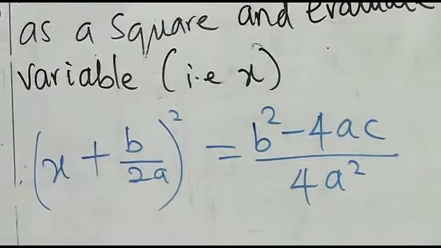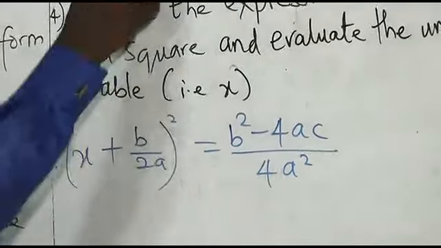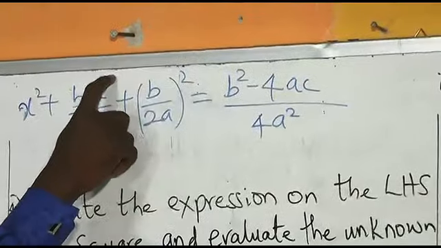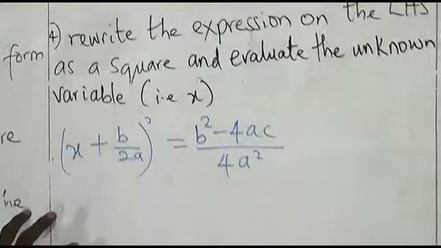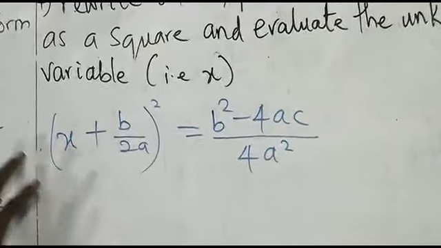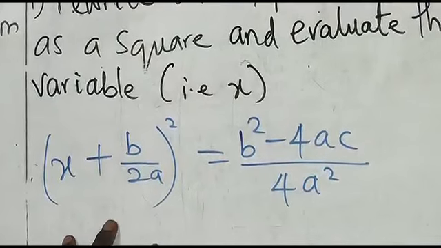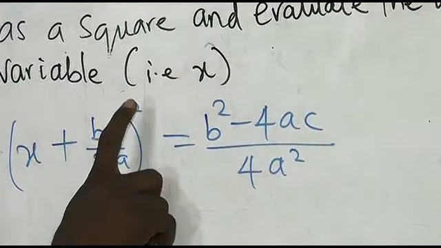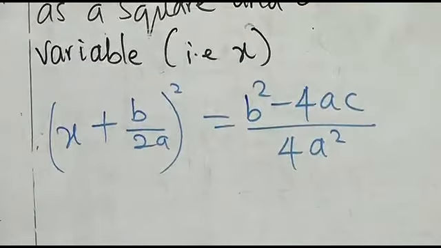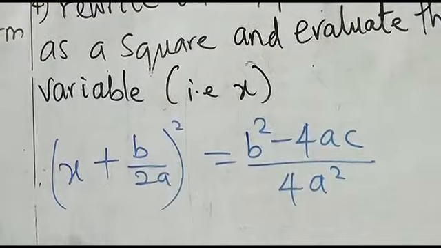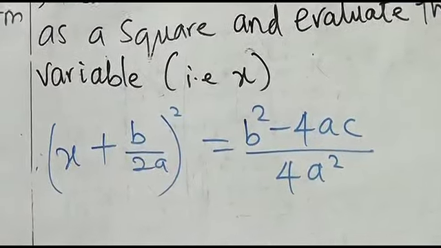Now, when you expand the expression on the left hand side, you get back this. So now we've achieved the major aim of the completing the square method, which is to make the term on the left hand side a square. Now, to evaluate the unknown, it means that we want to get the value or an expression for x.